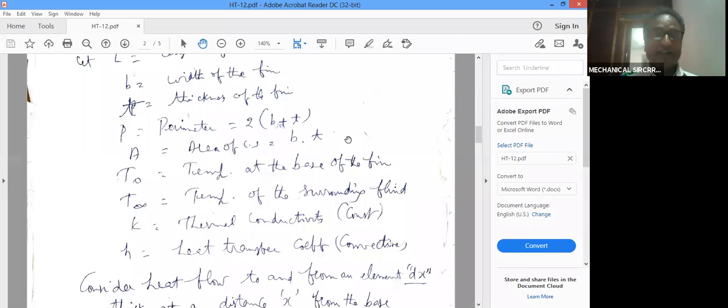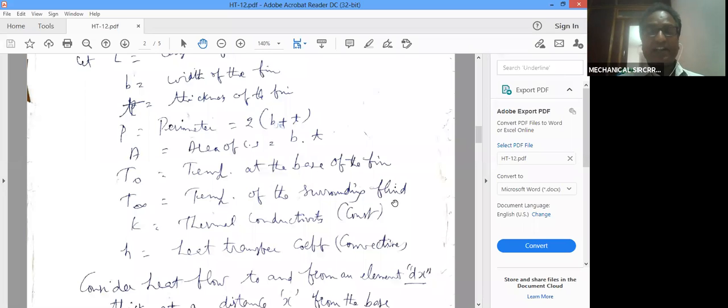T naught is the temperature at the base of the fin, already explained. Next, T free stream is the temperature of the surrounding fluid. Generally that may be air, sometimes water. But here we take a simple example of a motorcycle.